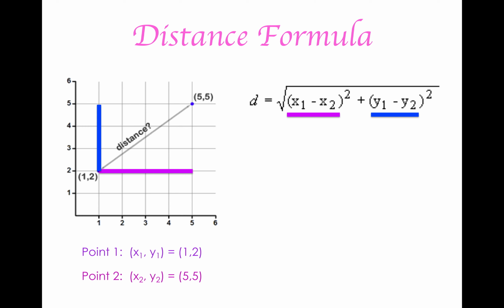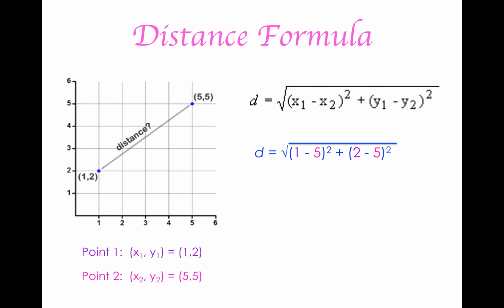So I'm going to use the combination of both of these, and then I'm going to add them together in order to find the distance. So let's look at our example. Now you'll notice that point 1 has the coordinates of 1, 2. So my x value is a 1 and my y, after the comma, is the 2.